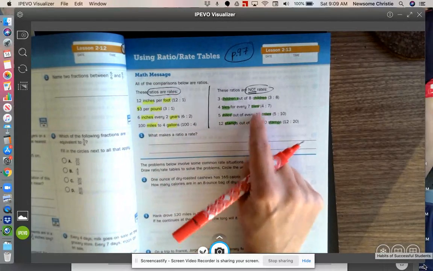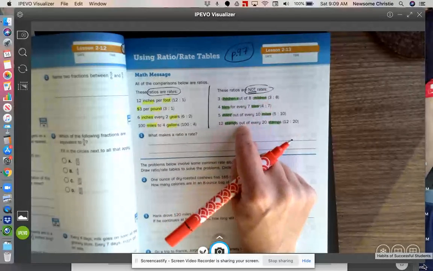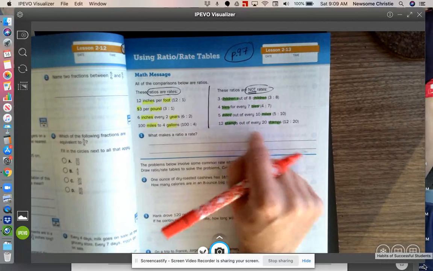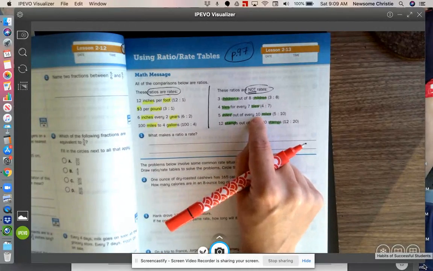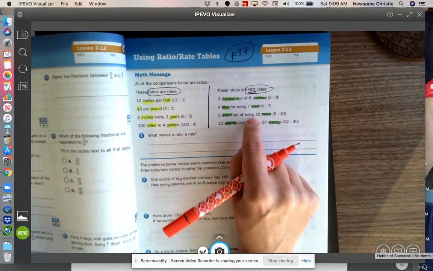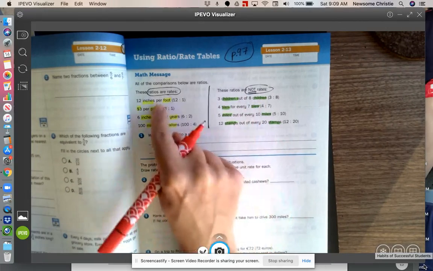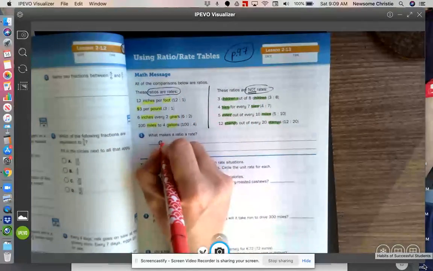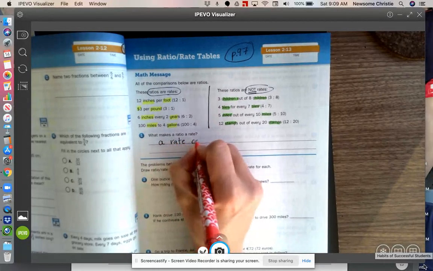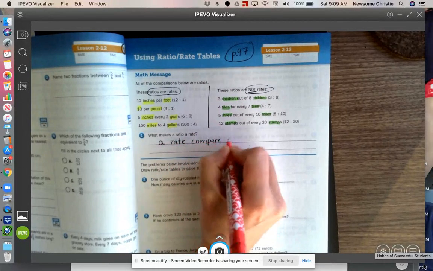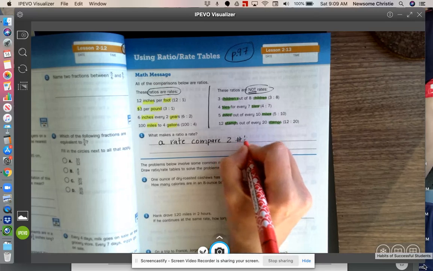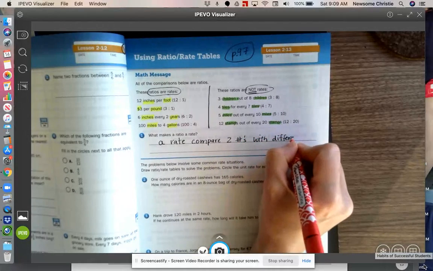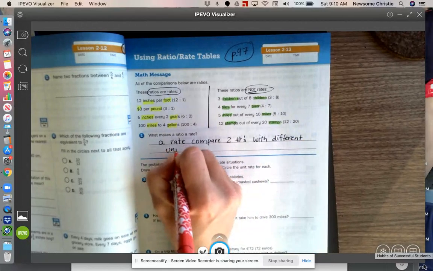If you look at these things that are not rates, that are just ratios, it's children to children, tiles to tiles, miles to miles, stamps to stamps. Ratios compare two quantities, and they could be numbers that are the same and numbers that are not. But to be a rate, and we're going to write this down, a rate compares two numbers with different units.